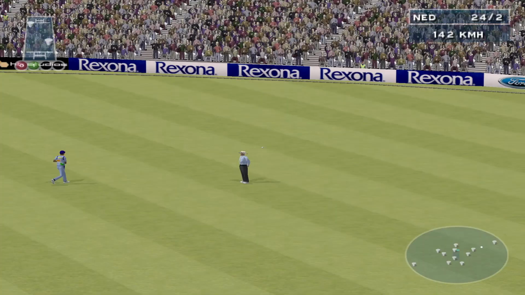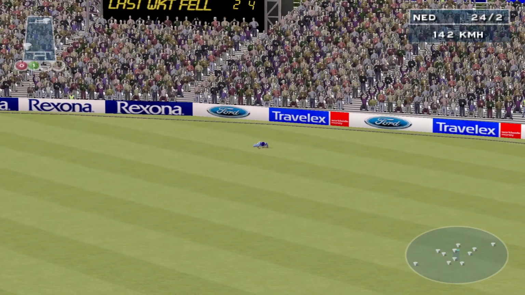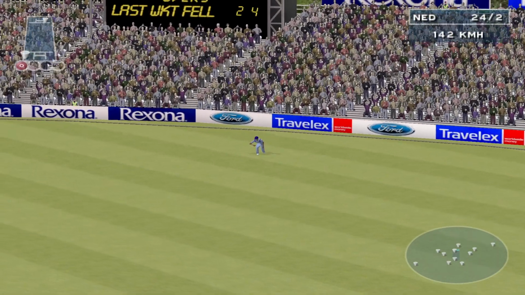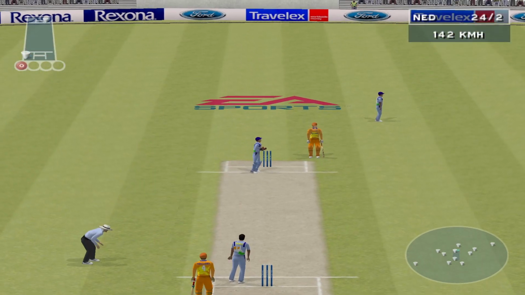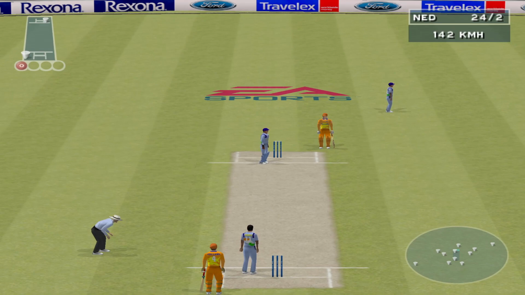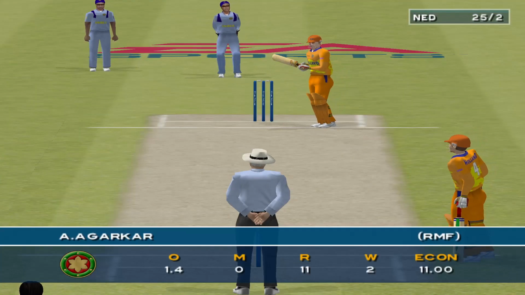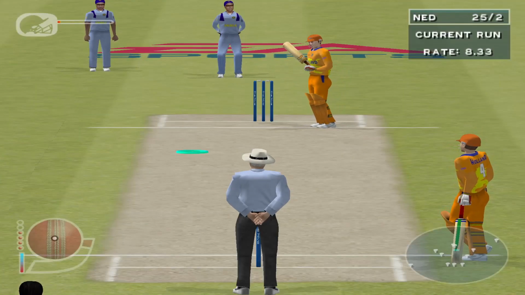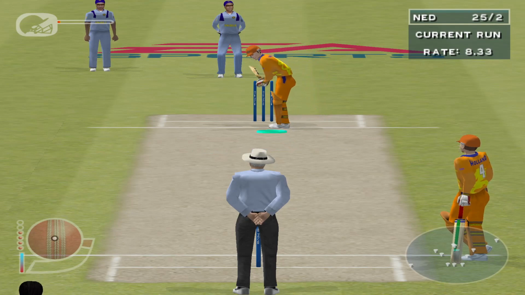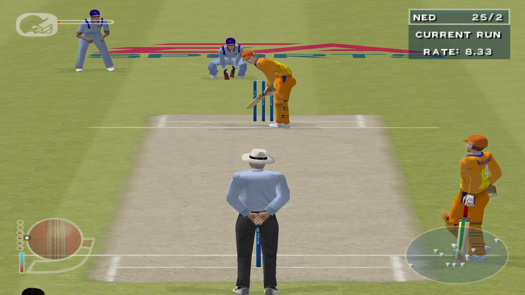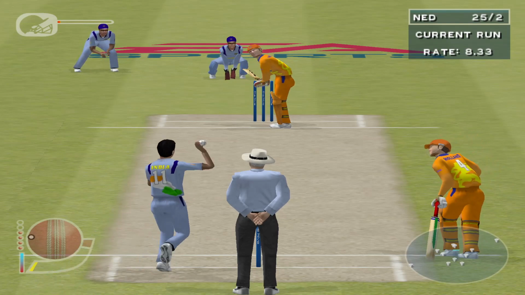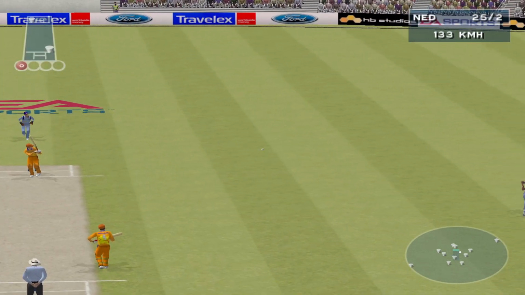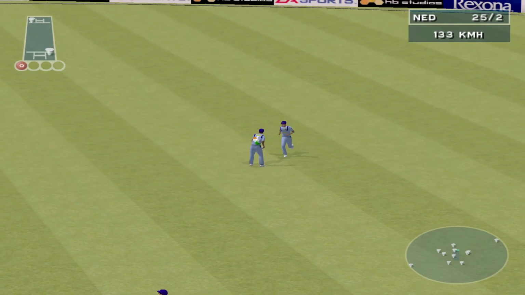Yes. Flicked off his legs. That was athletic fielding by Harbhajan Singh. A single to Sweeterong. Hit straight at Blacksman.